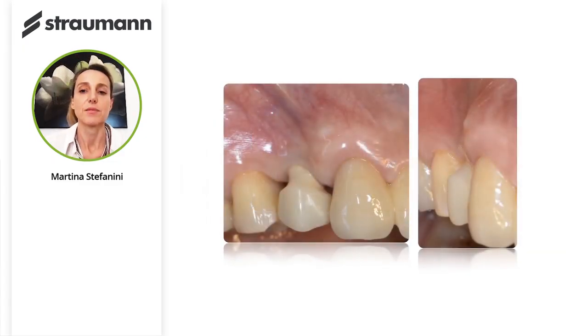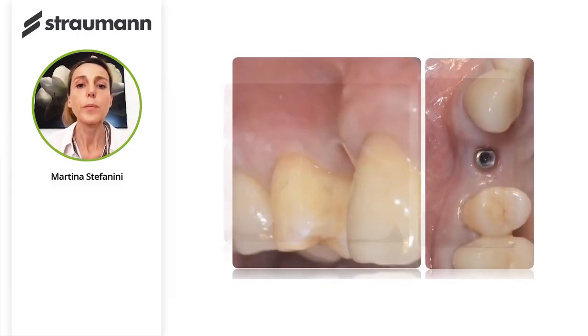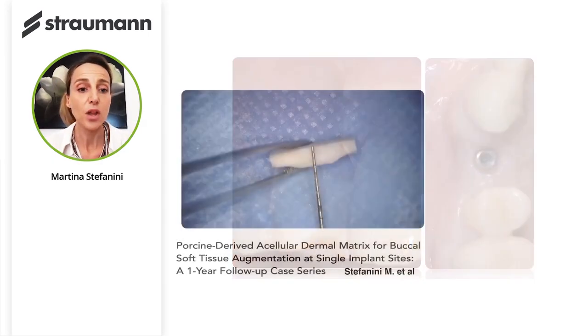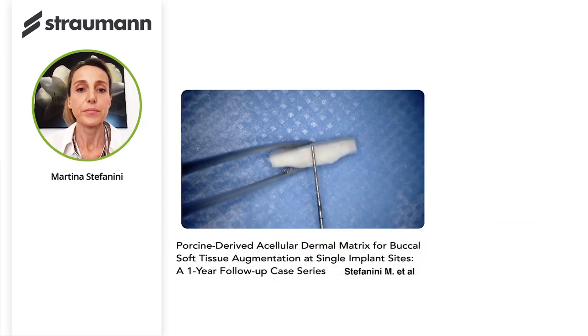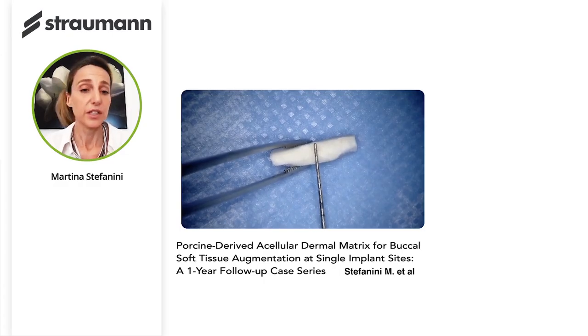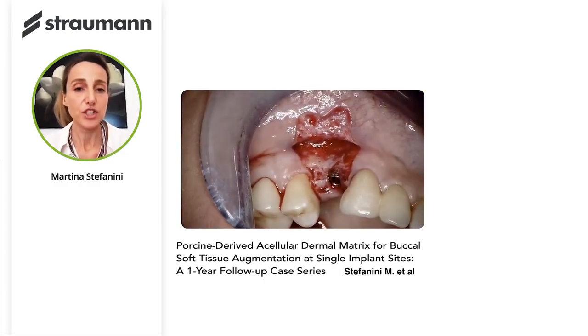So in this case, our surgical procedure was to reduce the crown and to reduce the abutment in order to let the interproximal soft tissue regrow, and then, when the tissues were mature at the level of the interproximal area, we performed a trapezoidal shape flap design, and we used Mucoderm, which is a collagen matrix that, as you can see, can be simply trimmed and adapted to the right shape.